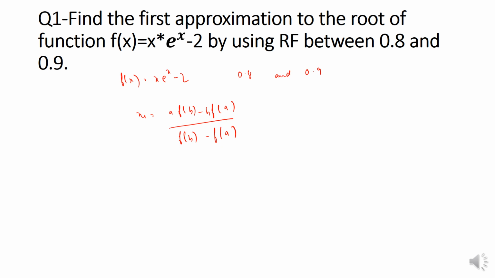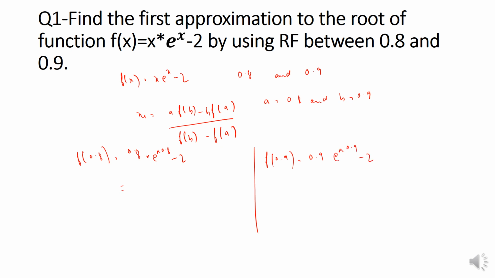Now first of all, we need to calculate f of a and f of b. Here a is equal to 0.8 and b is equal to 0.9. So f of 0.8 is equal to 0.8 into e power 0.8 minus 2, and f of 0.9 is equal to 0.9 e power 0.9 minus 2. Using a calculator, the value of f of 0.8 is minus 0.21, and f of 0.9 is 0.21.